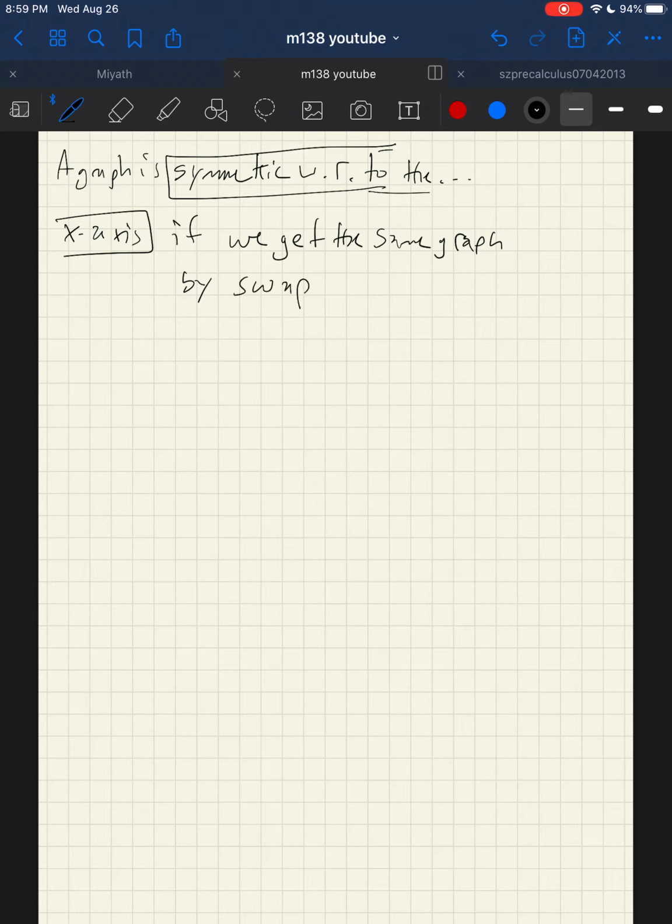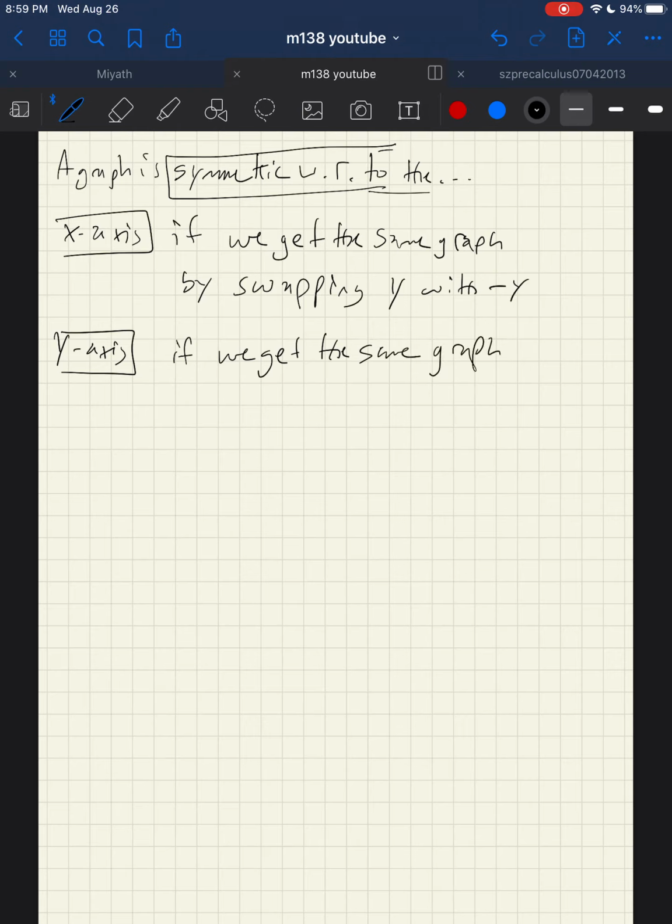by swapping y with minus y. It's symmetric with respect to the y-axis if we get the same graph by swapping x with negative x.